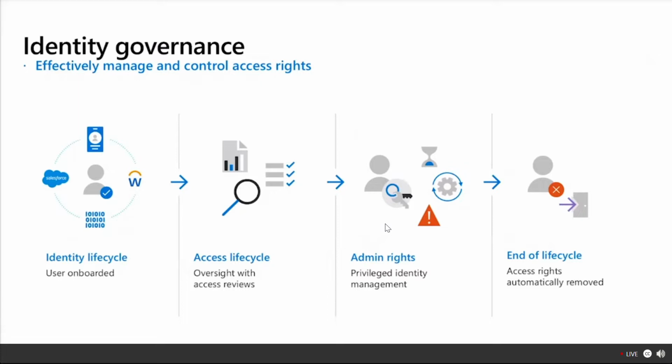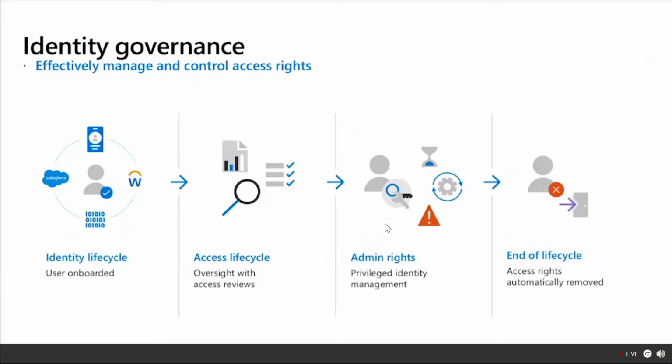When you have a new user join your organization, you can automate how you grant access rights to resources. If you connect it via the HR system, a user can receive a set of access rights for their role with entitlement management access packages. Then, as users need additional access rights, we provide them with the ability to do self-service access requests. Even guest users, such as vendors and partners, can be monitored and reviewed for greater security.